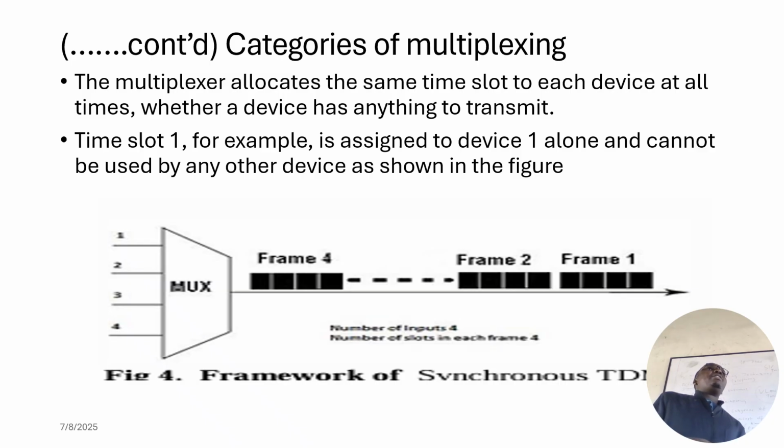In asynchronous, the time he will be learning is not the same time that Josh will be learning. Synchronous is the same time; asynchronous is different. So in terms of multiplexing, the multiplexer allocates the same time slot to each device at all times. And the reverse is true for asynchronous.